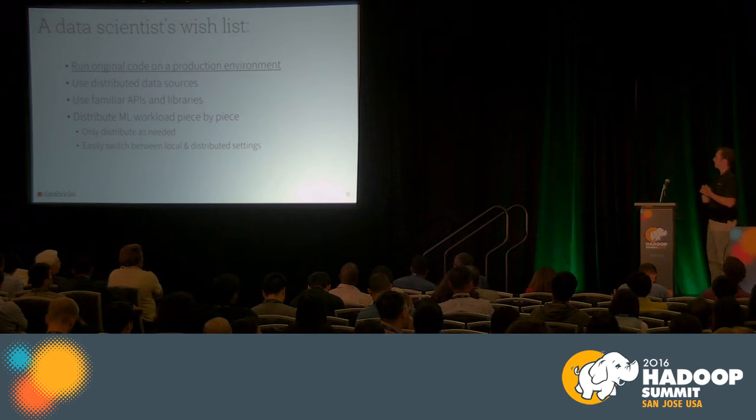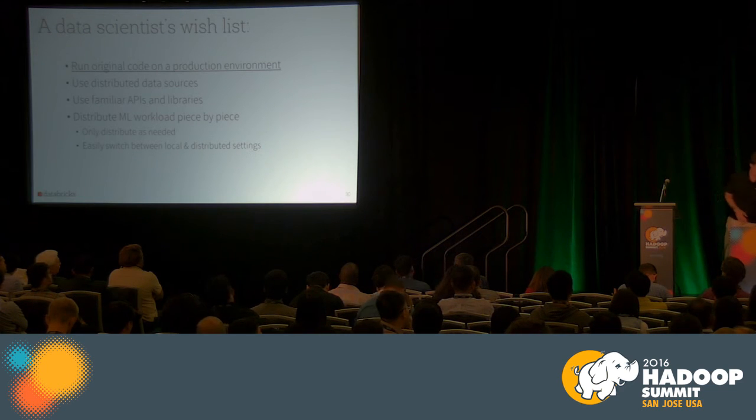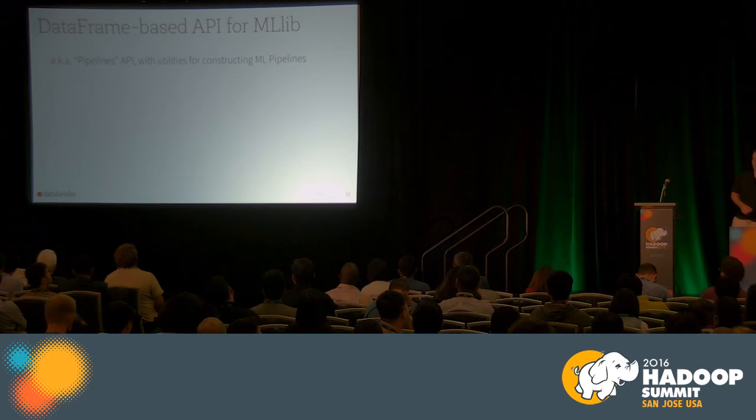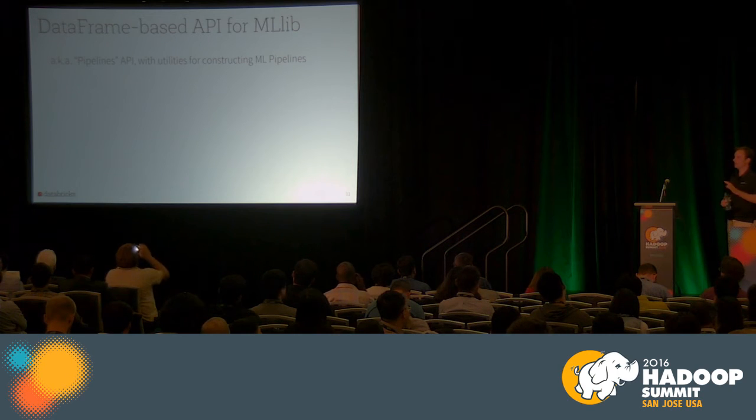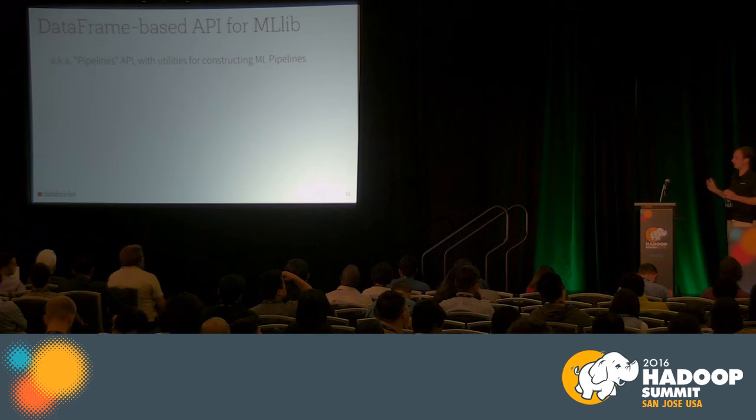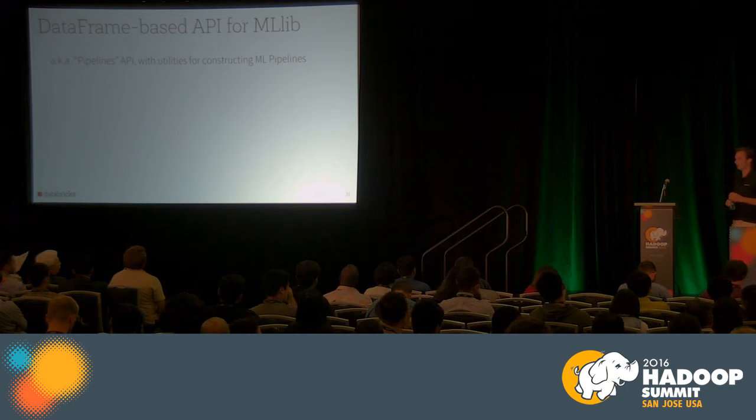So this is one of the reasons why we see a lot of people actually using MLlib in practice, the machine learning component of Spark, especially now that MLlib features prominently the data frame API, also called the pipeline API, that lets you build full machine learning pipelines within Spark and MLlib.